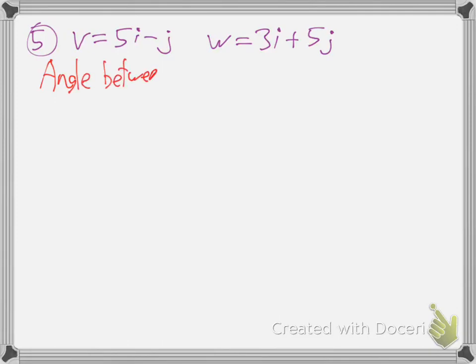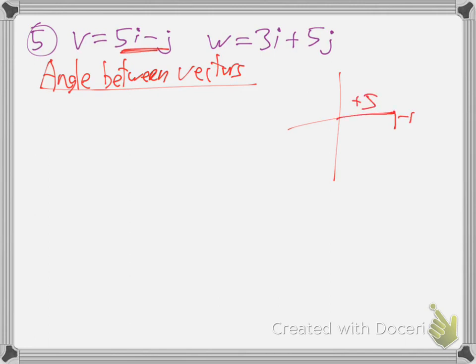Angle between. So how do you do it? Well, it turns out there's a formula for finding the angle between any two vectors. You get the idea, right? We have one vector. This one is right 5, down 1. You with me? There's vector v, right 5, down 1. And then vector w looks like it's right 3, up 5.